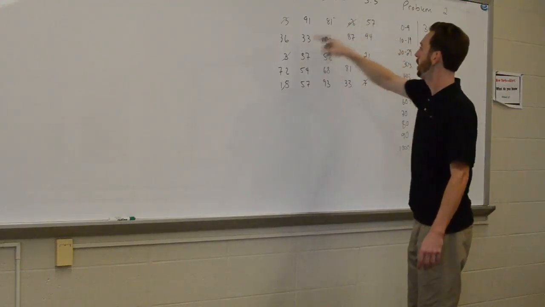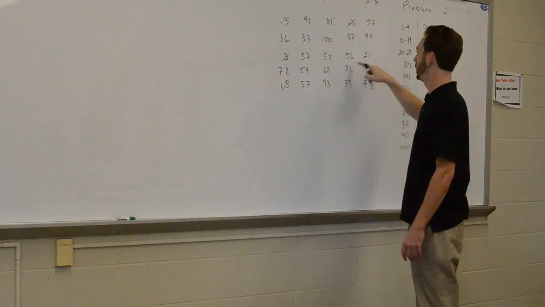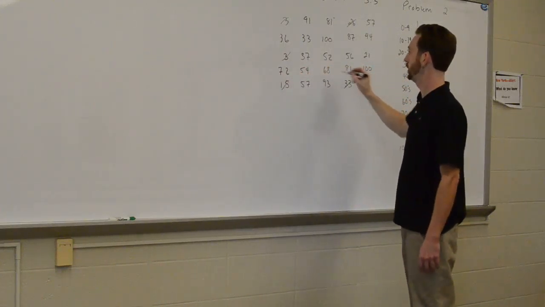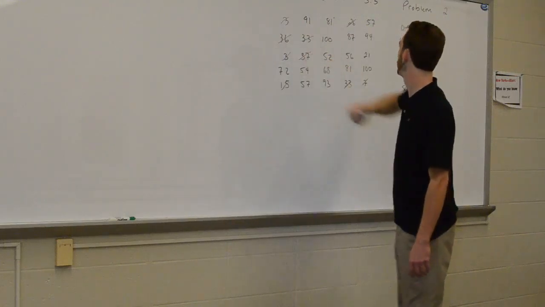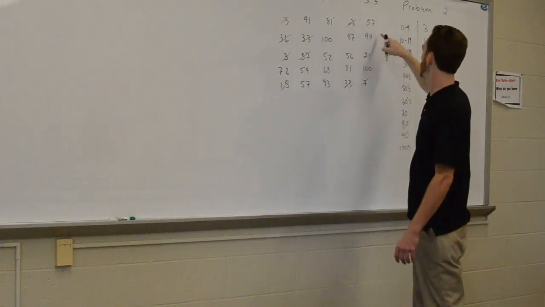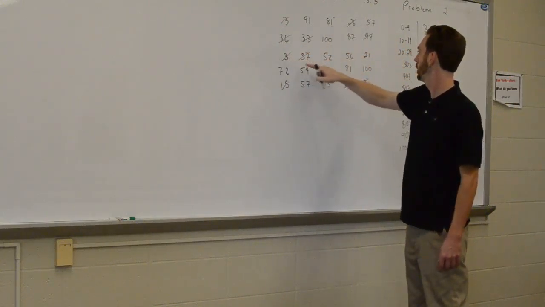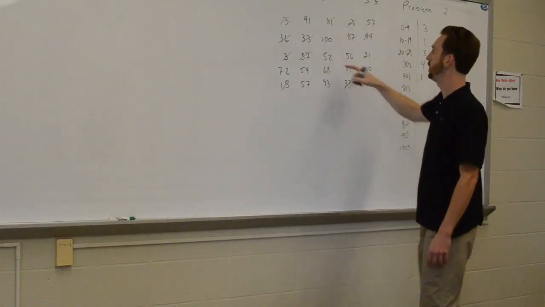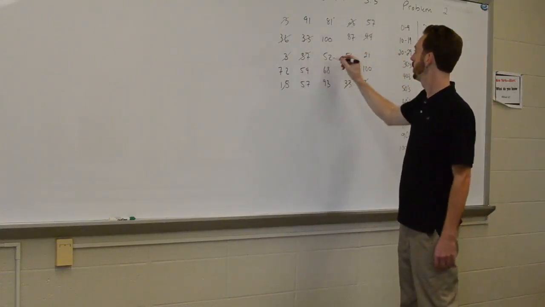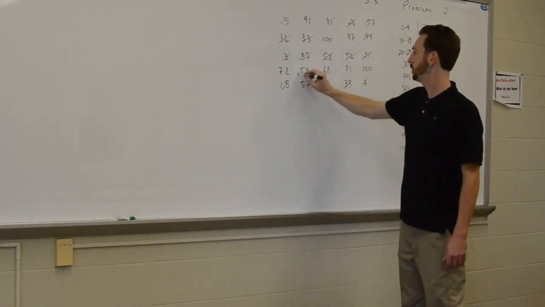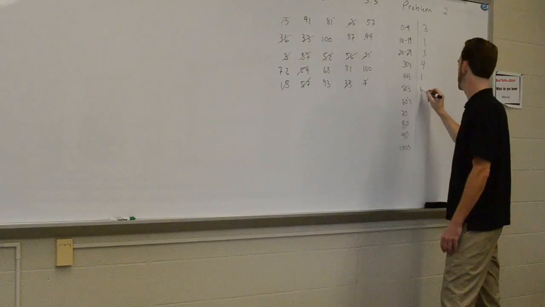In the 30s, we have 1, 2, 3, 4. In the 40s, we have one number. In the 50s, we have 1, 2, 3, 4 numbers.